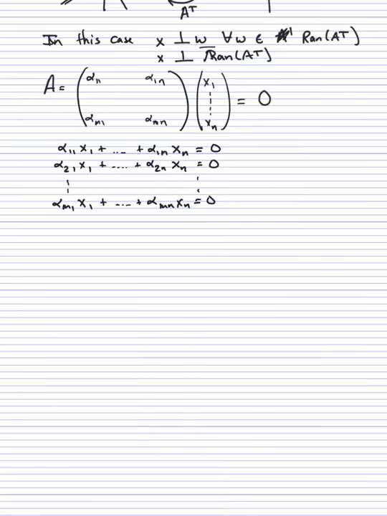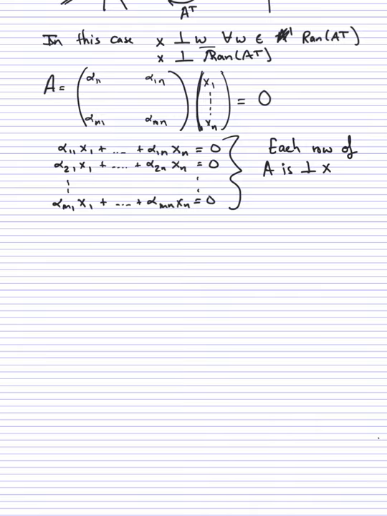But notice what each of these equations is saying: each row of A is orthogonal to the vector x.